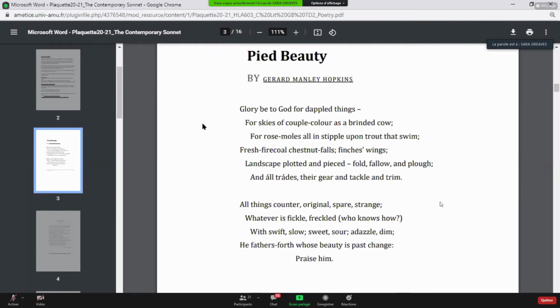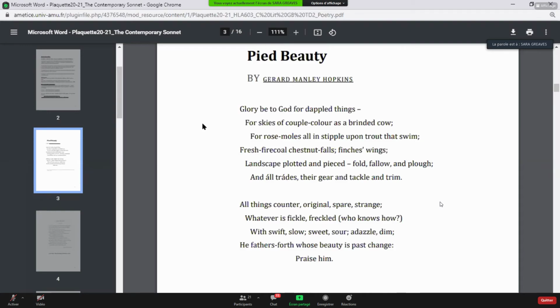Hopkins himself considered this poem a sonnet. He claimed it's been shrunk proportionally, mathematically. The octave has become a sestet, and the sestet has become a quatrain. From 8 to 6 and from 6 to 4, and there's an additional, what he calls, tail piece added on.